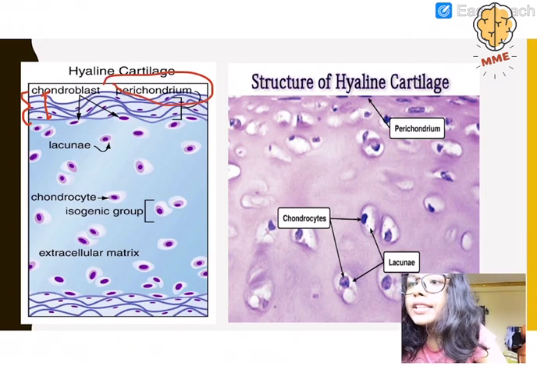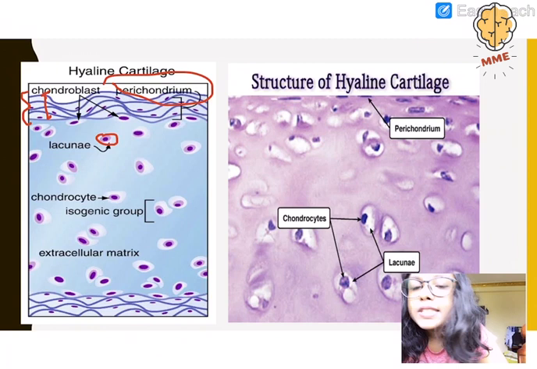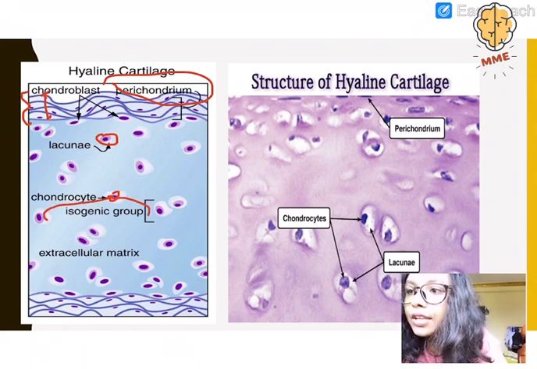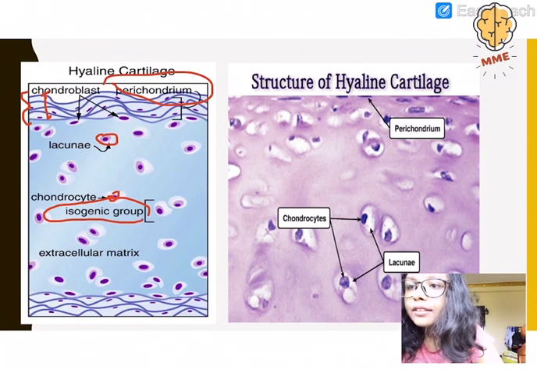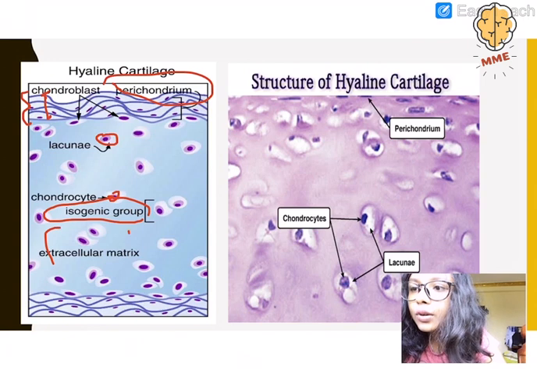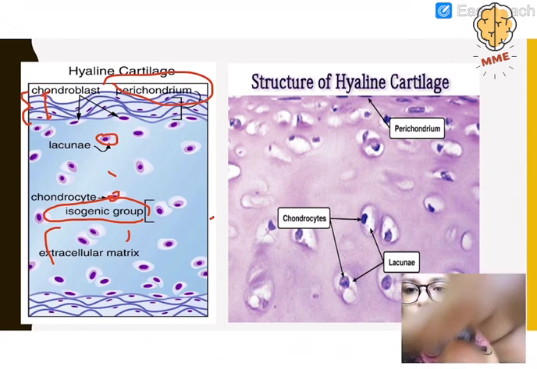These spaces are known as lacunae, in which the chondrocytes are present, and this cell is the chondrocyte. These are the isogenous groups, embedded in the extracellular matrix. The whole background material is the extracellular matrix.